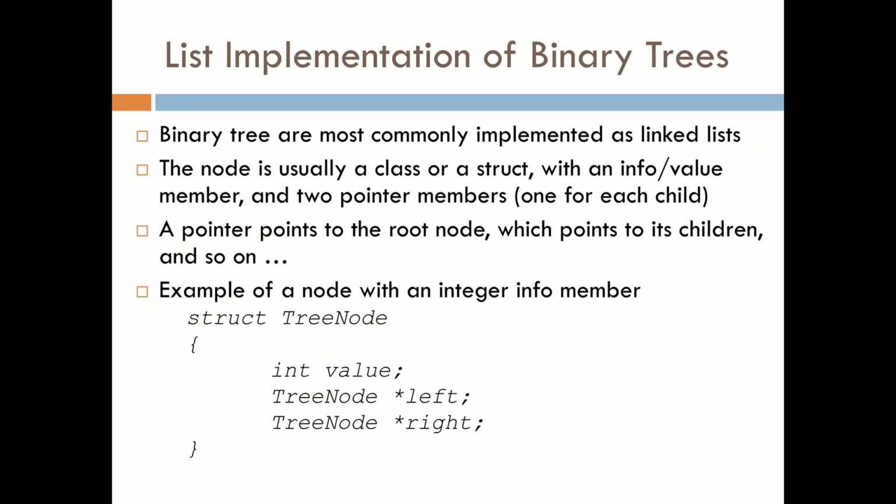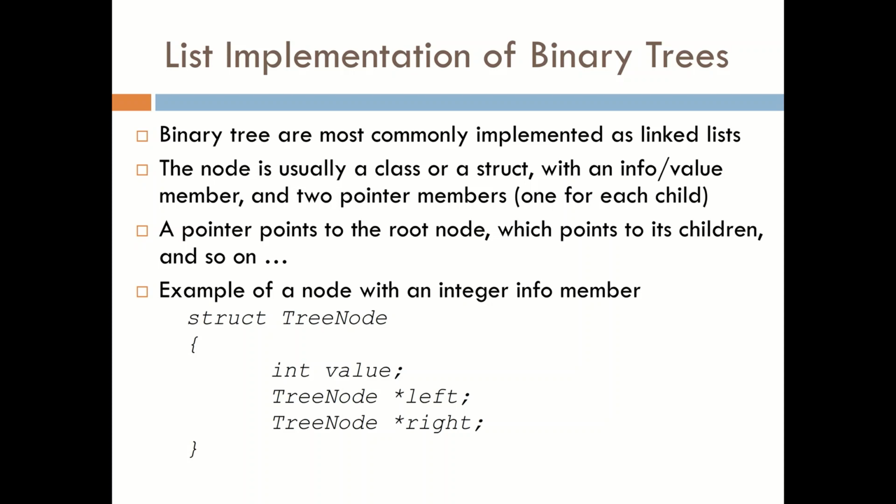The primary implementation of binary trees is using pointers as you would in a list. And so this is the way that it is primarily represented. Here's an example of a node. So we see that it's implemented as a C++ struct. Its type is tree node, and it has three different data members.